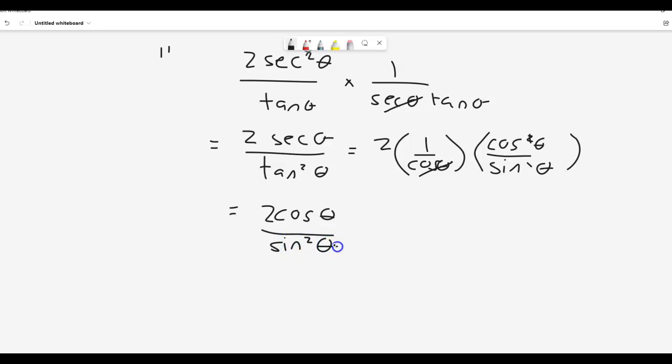As theta approaches pi over 2, the cosine of that is going to be 0, and the sine of that is going to be 1 squared. So this is just going to be equal to 0. It's a lot of work, but that's how we get the exponent of the e being equal to 0. Then we can replace that 0 back into the exponent position, and e to the 0 is equal to 1, and we are done.